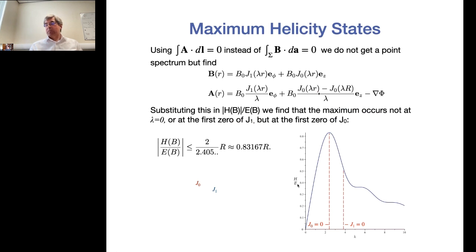There's a maximum H over E. And that maximum occurs at J0 equals 0, so the first zero of the zero order Bessel function, while the previous one occurred at J1 equals 0.